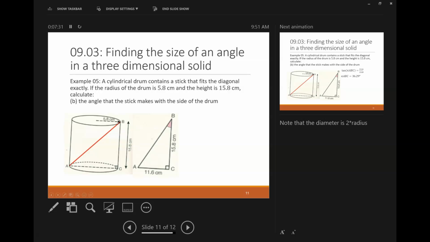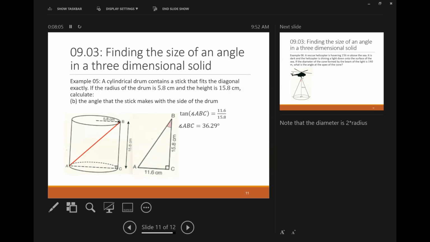So there's my information. Do I have enough? Okay, what am I going to use to find that angle? Tangent. So I can say tangent of that angle is 11.6 over 15.8. And when I do tan inverse to both sides, I get 36 and change. Everybody cool there?